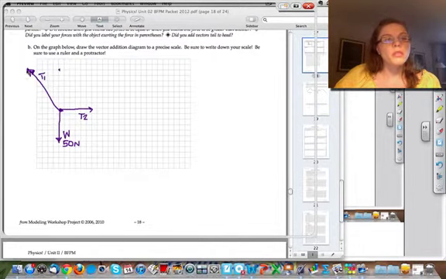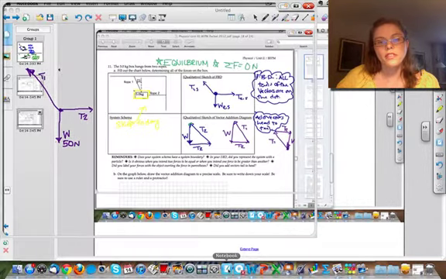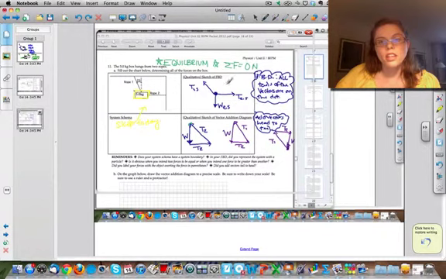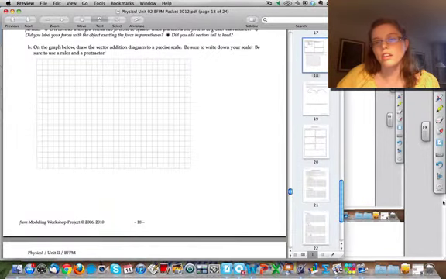Okay, and we were told that the picture, the vertical angle is 25 degrees. So let's go back to this one.